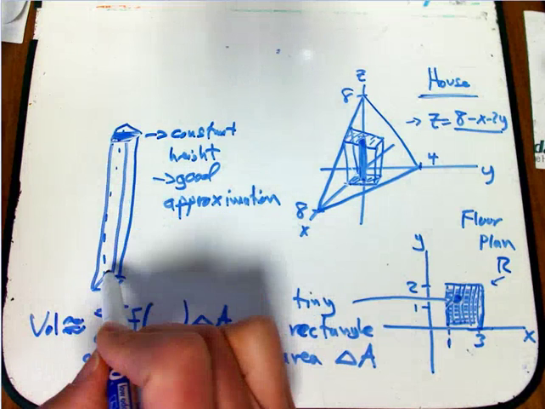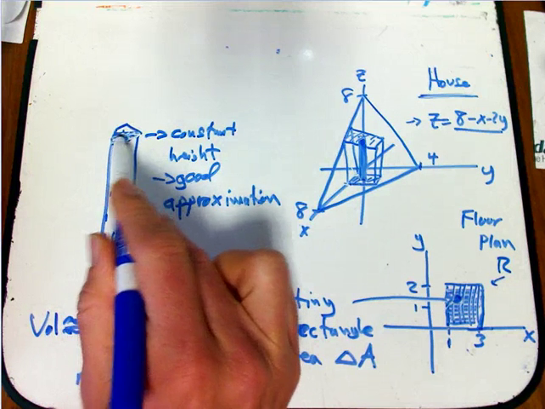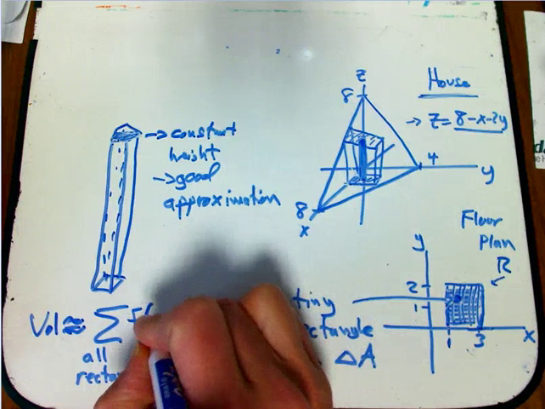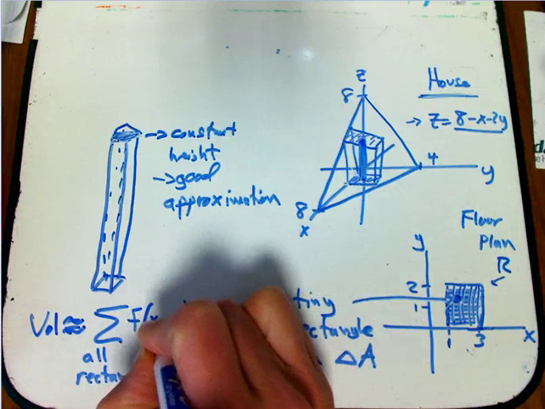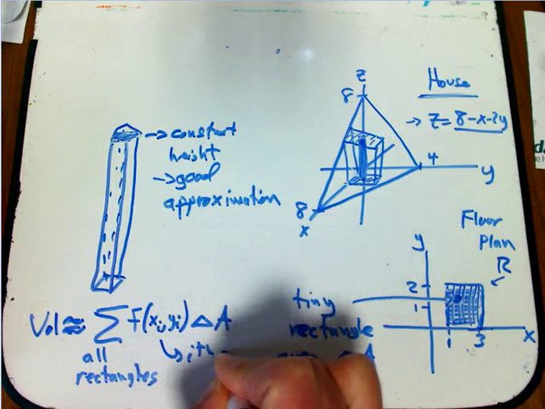And I just have to pick some height somewhere in this rectangle to be representative and just declare the height of the whole thing to be that constant. So we could just call it like x sub i, y sub i, where i is the ith rectangle.